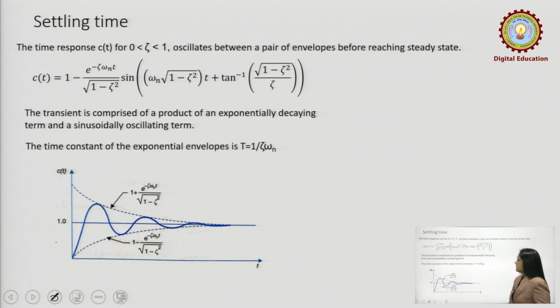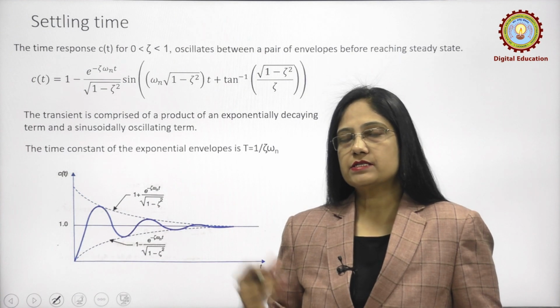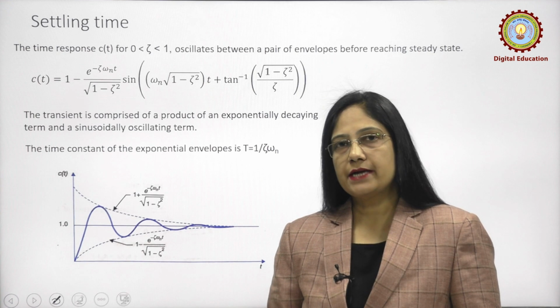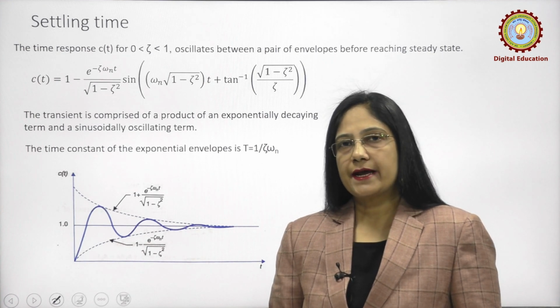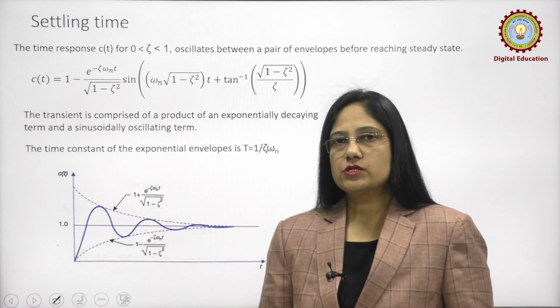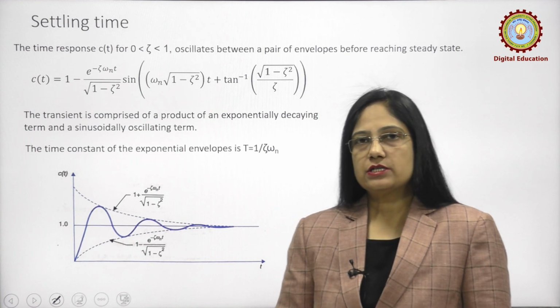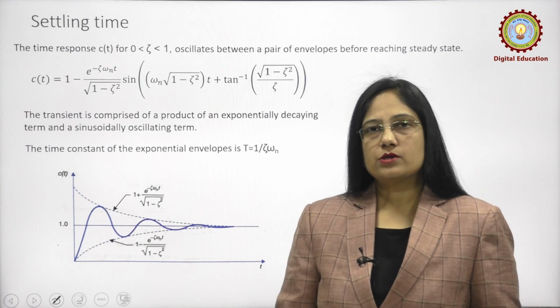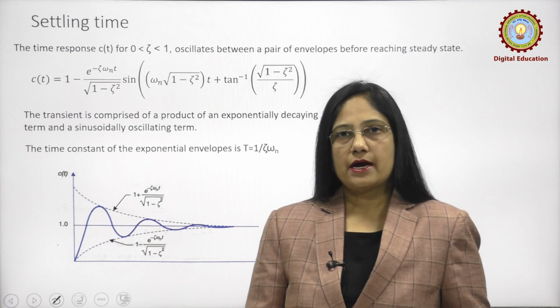How is settling time defined? Settling time is the time when the response reaches its steady state value. We can see that this expression of time response has a sine term as well as an exponential term. The sine term is responsible for the oscillations and the exponential term is responsible for taking the time response towards a desired value.